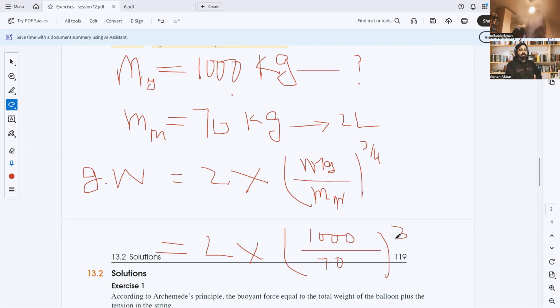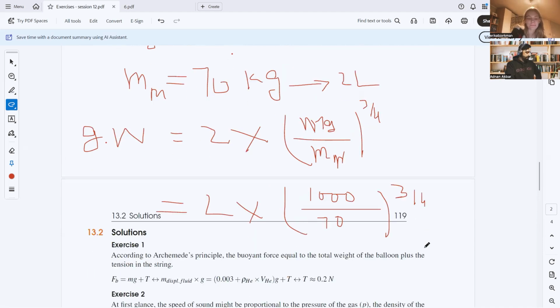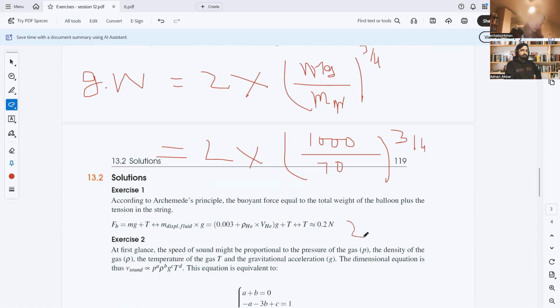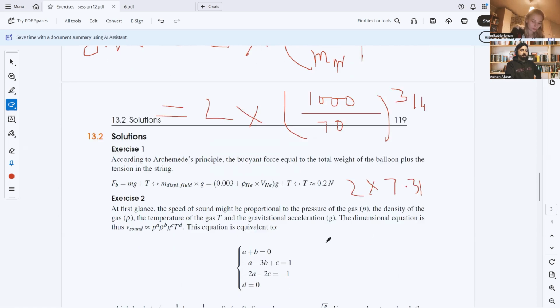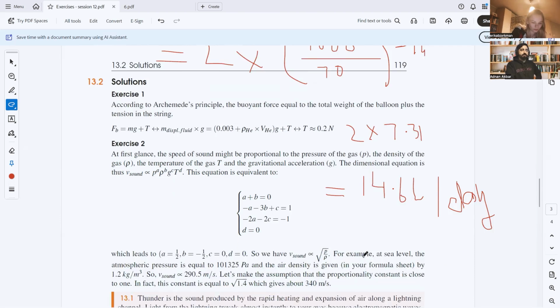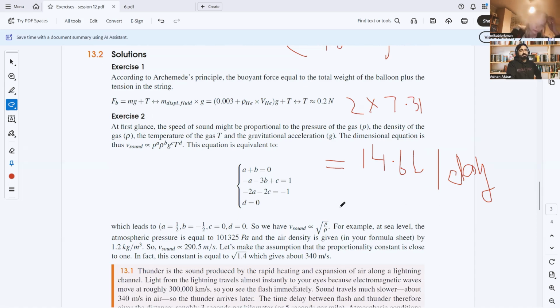Raised to the power 3/4, and it results in 2 multiplied by 7.31, which is equal to 14.6 liters per day. So according to our calculation, the giraffe is taking 14.6 liters of water per day. Whatever we suppose will not be a mistake, because we are just doing a lab type of work and calculating the results.